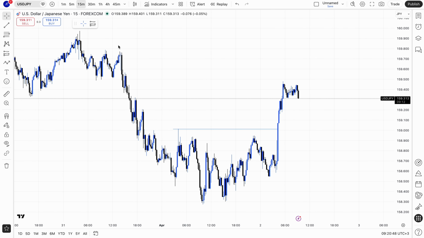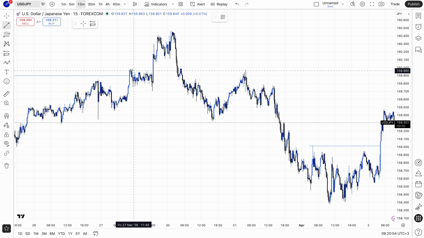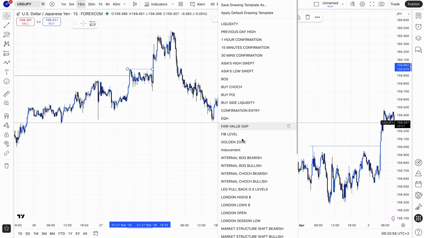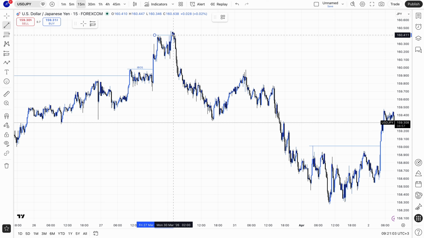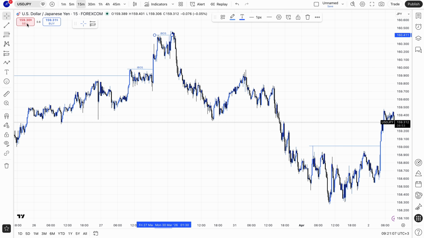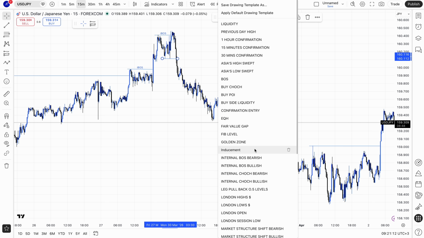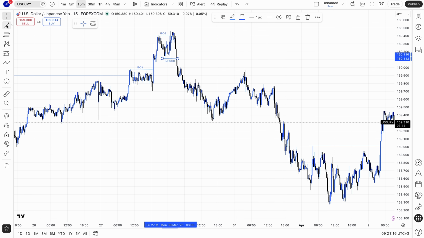Then we had to go down on 15 minutes to our internal market structure. Then you can see from here, he had a break of structure to the upside, but it's internal structure. Then you had a break of structure to the upside continuation. Then you had a change of character to the downside. You can see it. Then you had a break of structure from here.